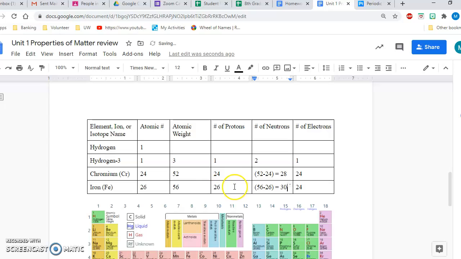Now, here's the important part. We have to look at our electrons. We were given 24 electrons, but our atomic number is 26. So our electrons should be 26, but since we're at 24, that means it's an ion.